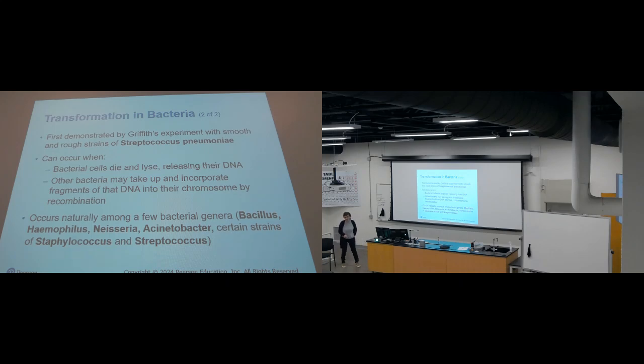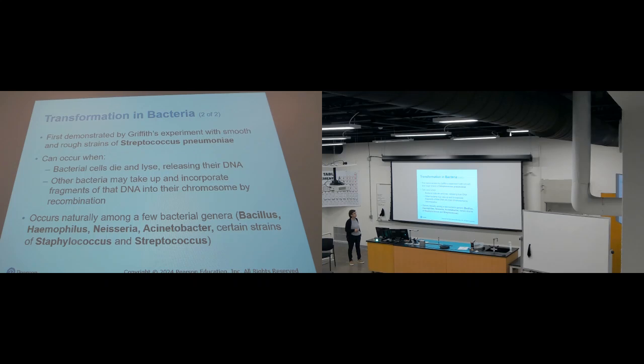Something that was demonstrated here is that by putting the bacterial cells together, as some of these bacterial cells die and lyse, the DNA is freed up and is taken up by the other bacteria. This is known as recombination, and it occurs naturally in the microbial world. That's why we ended up with a lot of bacterial strains that weren't antibiotic resistant before and now have become antibiotic resistant.